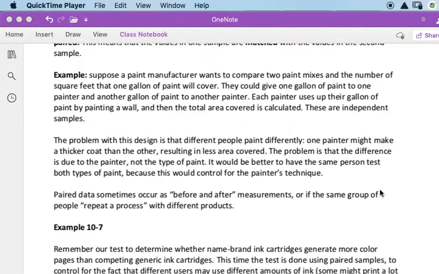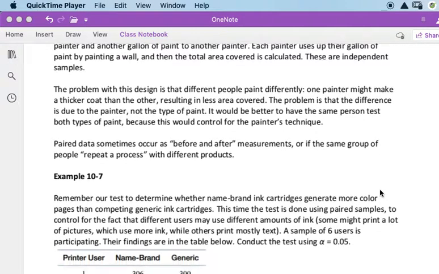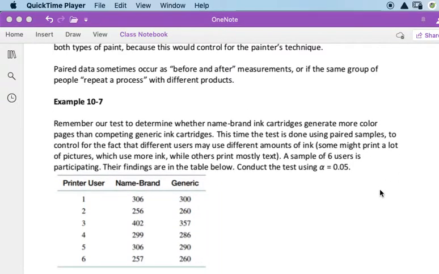Looking at example 10.7, this is going back to section 10.2 when we looked at the test with the ink cartridges. This time, they're going to do the test using paired samples instead of independent samples. They would do this because they might think that different users may be using different amounts of ink.